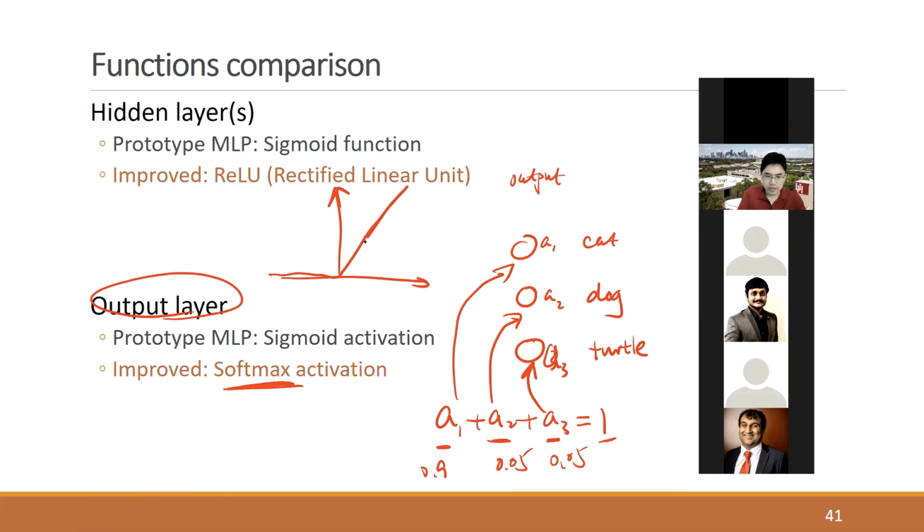The ReLU function is a conditional function. If z is greater than 0, it returns z as the activated value. So in this portion, it's linear activation. Both portions are linear, but if you add them together, they are not linear. If the value of z is smaller than 0, it's always going to return 0. So the value is lower bounded by 0, and there's no upper bound, as opposed to sigmoid activation, which has an upper bound of 1 and a lower bound of 0. So quite different.